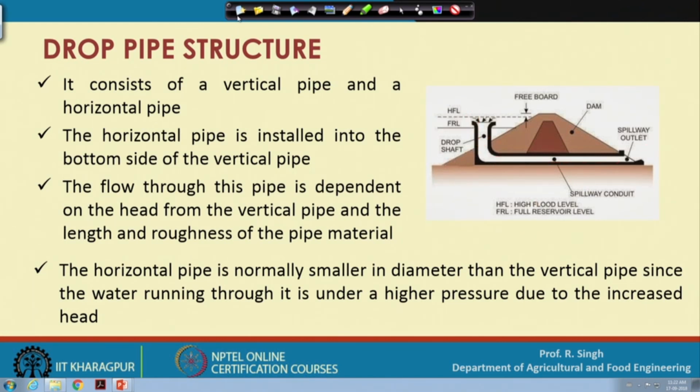As you can see in the picture, the diameter of this horizontal pipe is much less than the vertical pipe. Why? Since the water is flowing through it at high pressure, increased head prevails. So, the diameter of this is kept smaller than the vertical pipe.